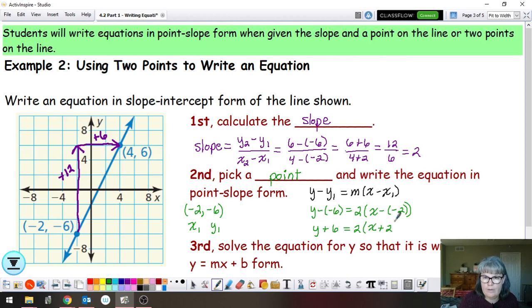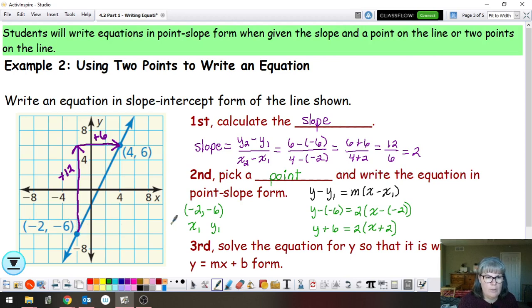So you've probably noticed by now that when we write an equation in point-slope form, the signs on x1 and y1 in the equation are opposite of what they are in our point for our graph.